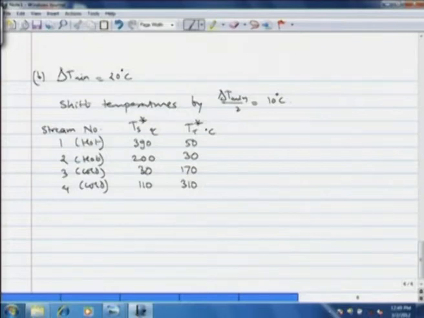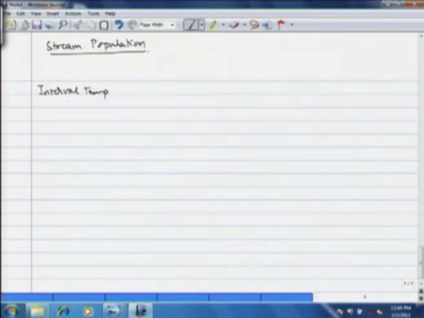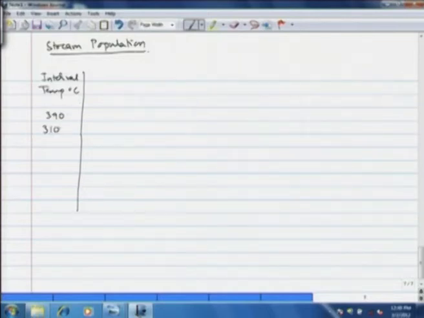Now next is the stream population data. Here we have interval temperature, we have now highest temperature 390, then 310, 200, 170, 110, 50 and 30, and then the stream population.